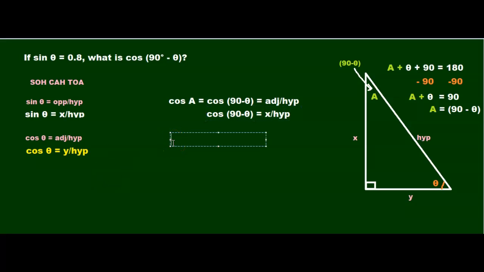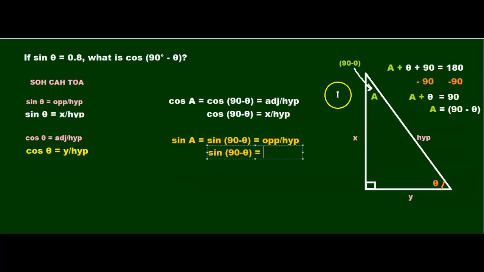Now let's look at our sine A, which is also equal to sine 90 minus theta equals opposite over hypotenuse. So we can say that our sine 90 minus theta equals, now we're looking at this angle again. So what's our opposite? Our opposite is y.